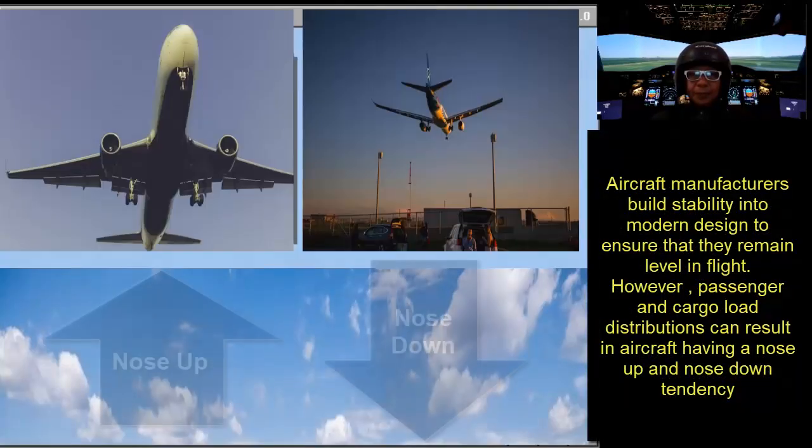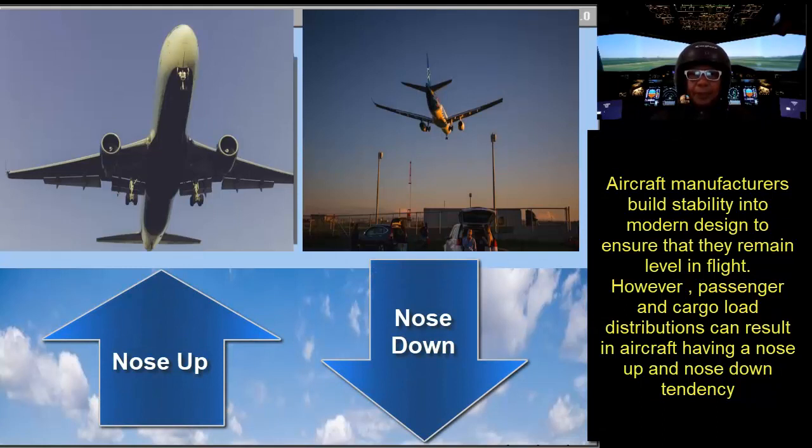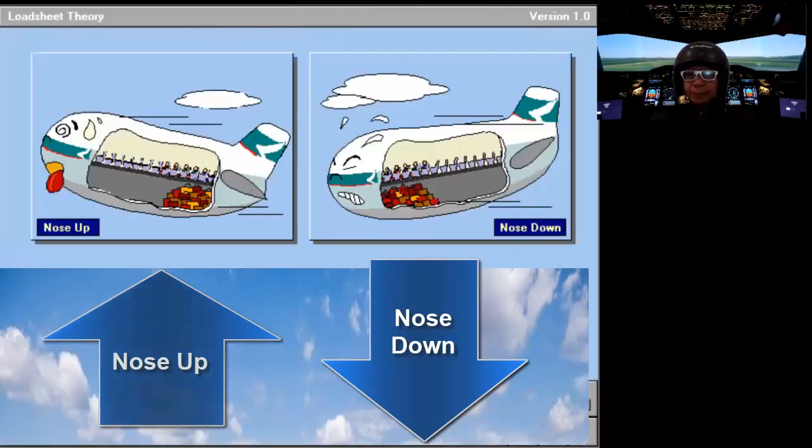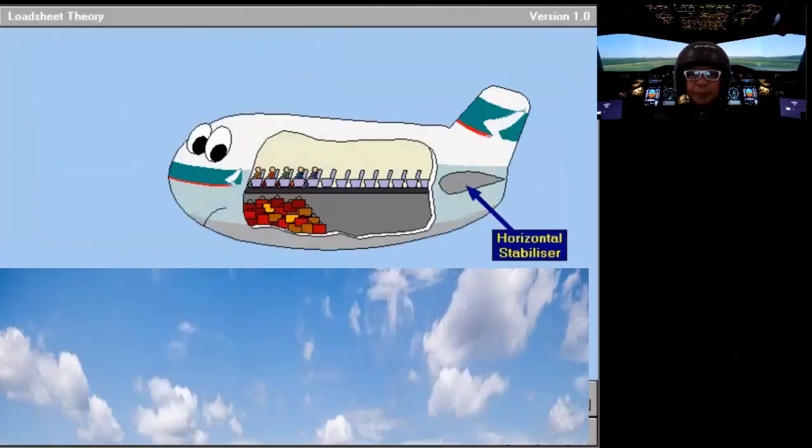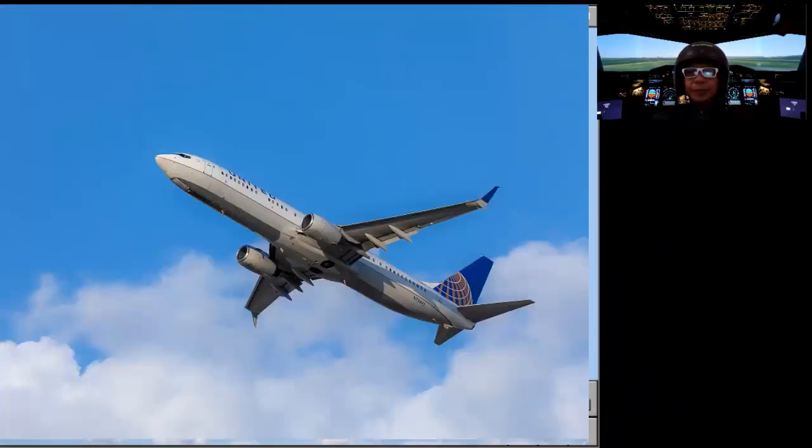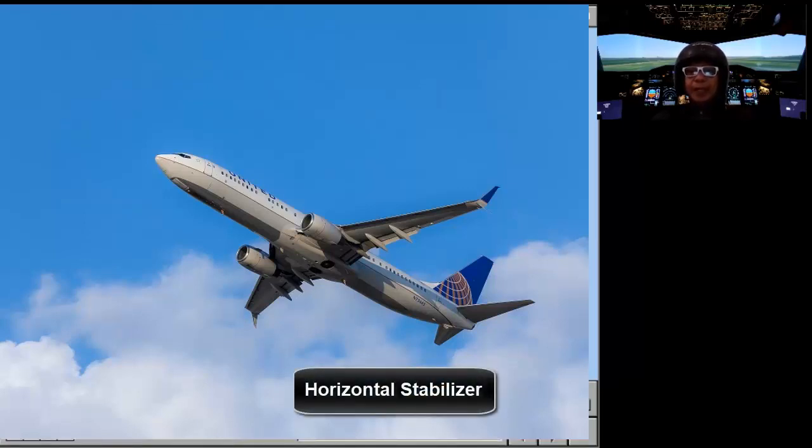Aircraft manufacturers build stability into modern aircraft design to ensure that they remain level in flight. However, passenger and cargo load distribution can result in the aircraft having a nose up tendency like this or nose down tendency like this. Because of this nose up or nose down tendency, aircraft are fitted with a horizontal stabilizer.